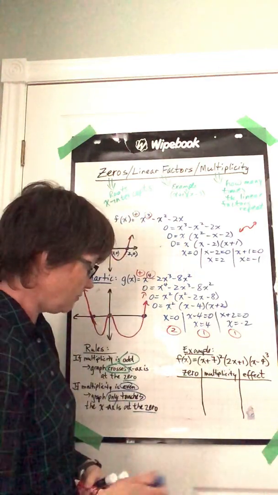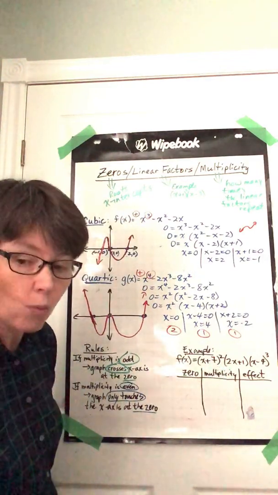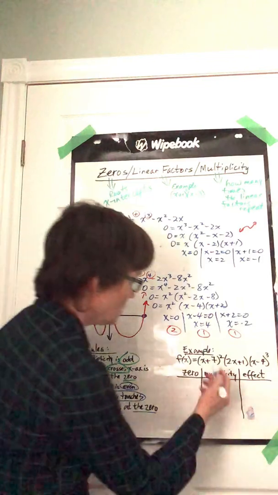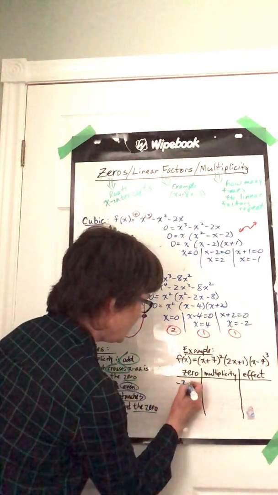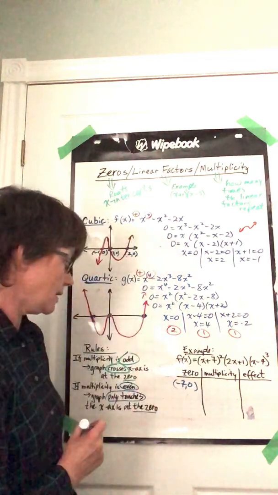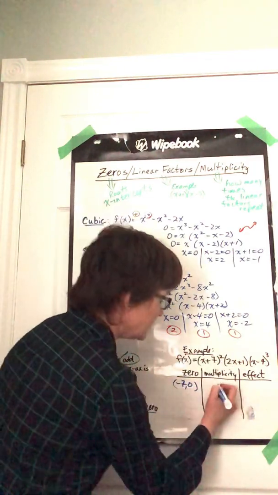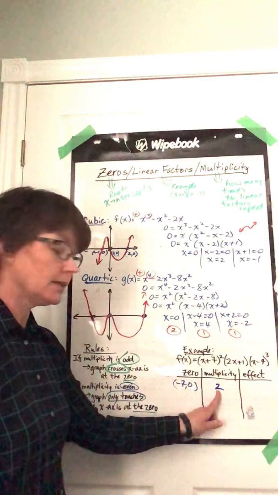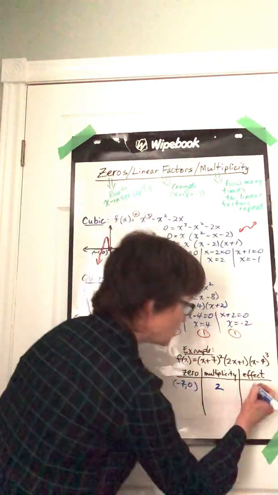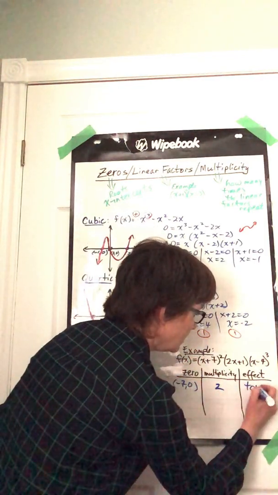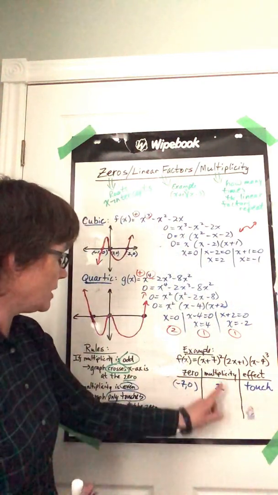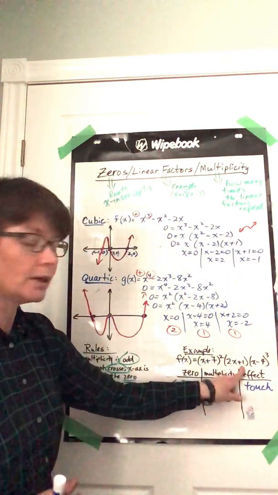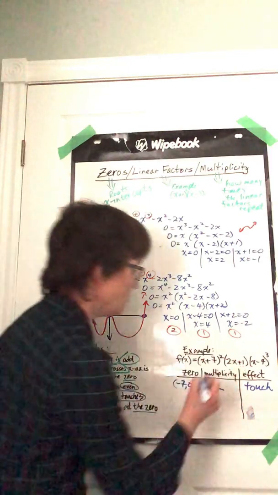If we let y equal 0, then x plus 7 could be 0, which means we have a zero at negative 7. It has a multiplicity of 2, which means that it's just going to touch that x-axis. Okay, just touch it. All right, next one, 2x plus 1 could be equal to 0. Well, we could solve that.